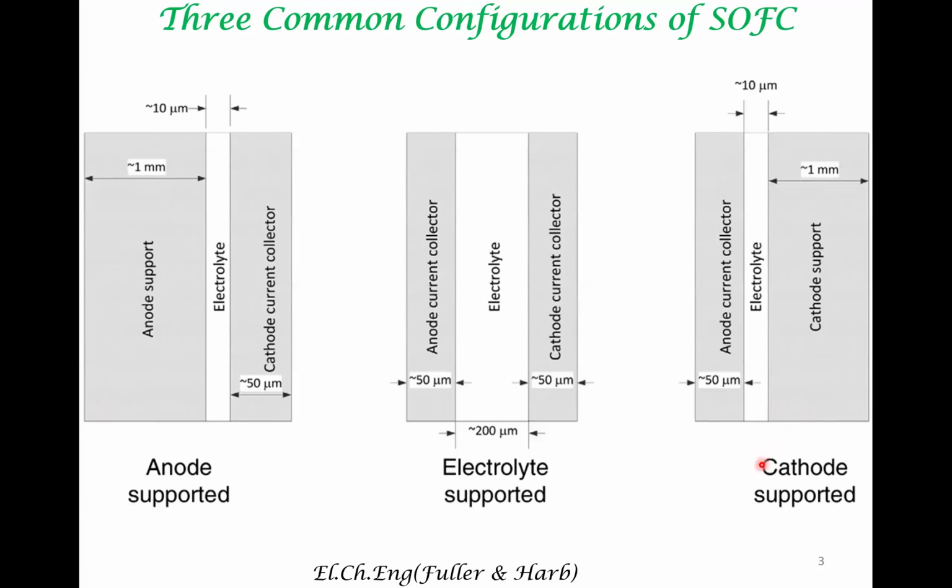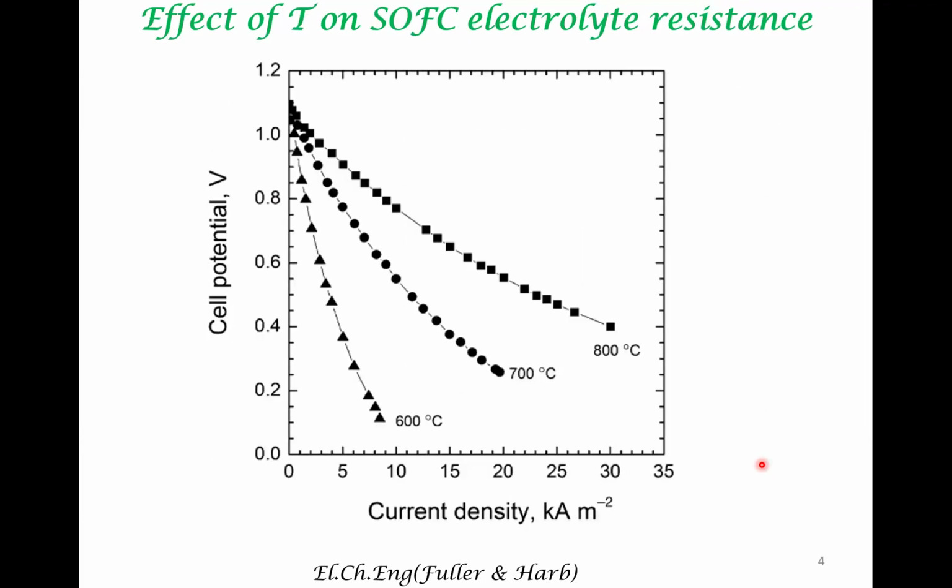These three geometries have different advantages. We are not going to elaborate these issues, but you should be aware that SOFCs come in these three geometries. But the essential determinant of the potential of a solid oxide fuel cell is the temperature.